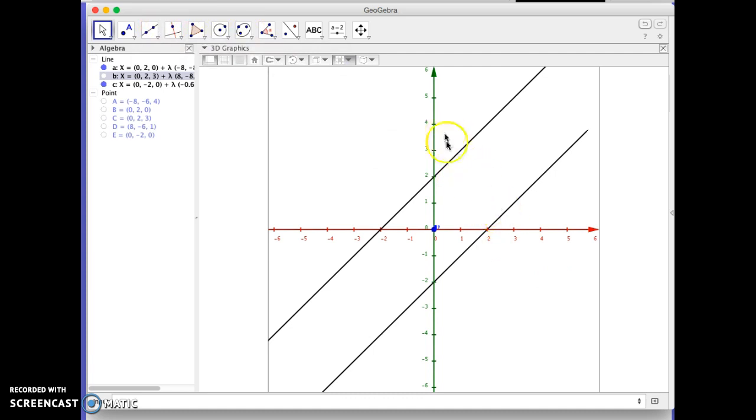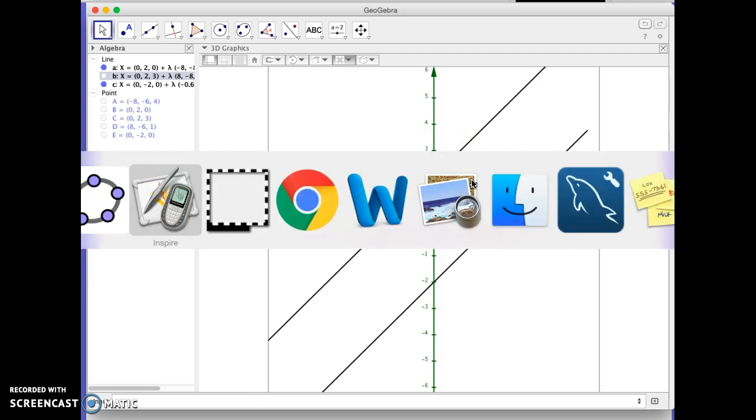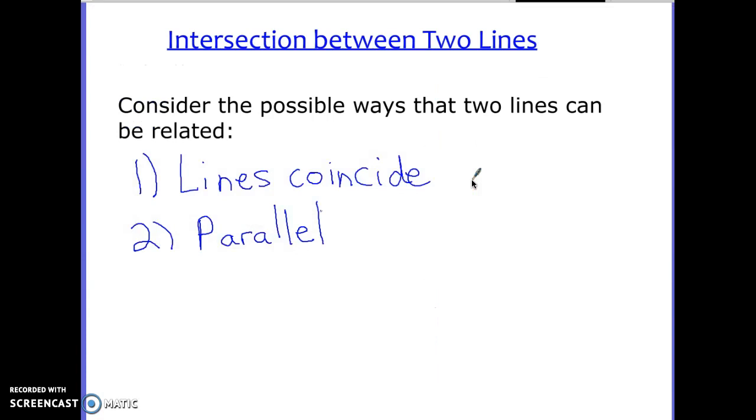and I want us to think about what in the equations is the same. And think about our forms. So we've got our R equals form, R equals A plus lambda V. And when we look at those parallel lines, what can we say about the two equations that represent those lines?